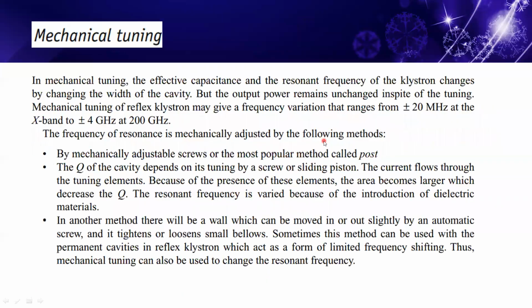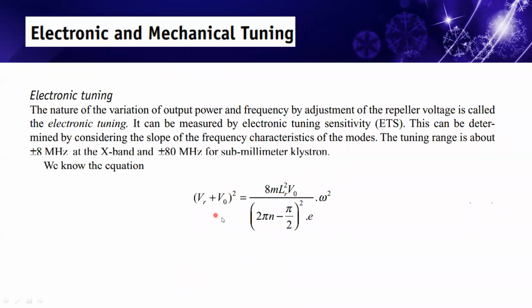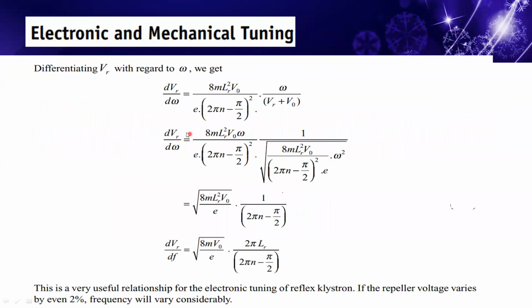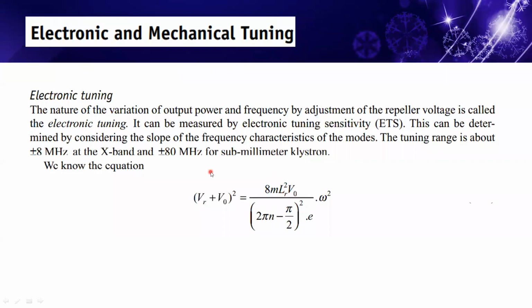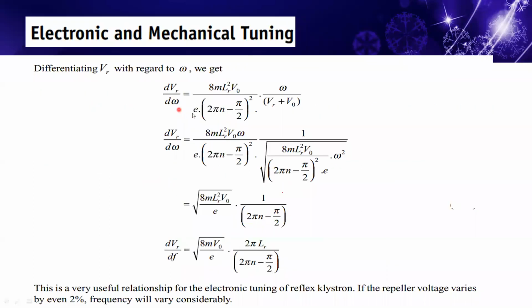So here we are doing some treatment of electronic tuning. First (VR + V0)² equals this expression. Now differentiating the repeller voltage with respect to omega, you are able to get dVr/dω from the previous equation.